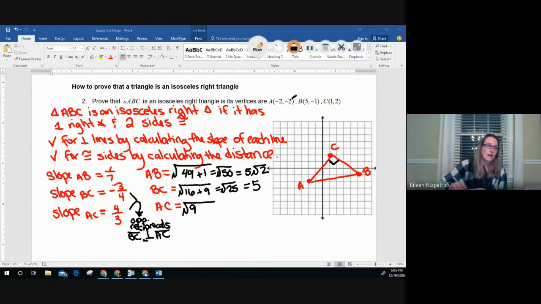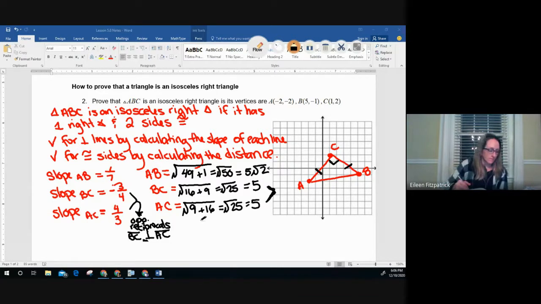And then -2 minus 2, that's -2 plus a -2, which is a -4. -4 squared is 16. That's going to give you the square root of 25, which gives you a 5. So these two are equal. Therefore, BC is congruent to AC.